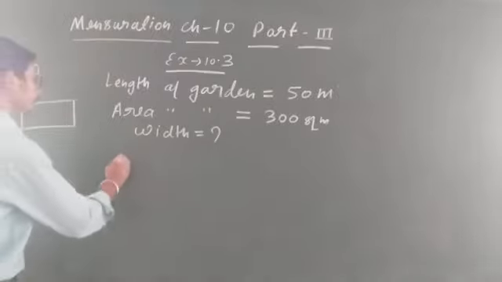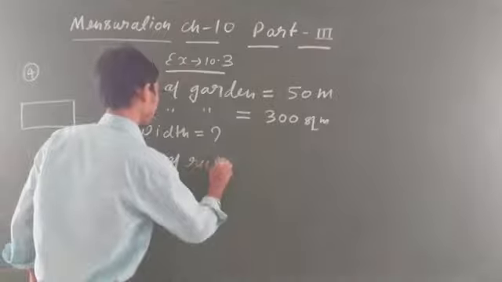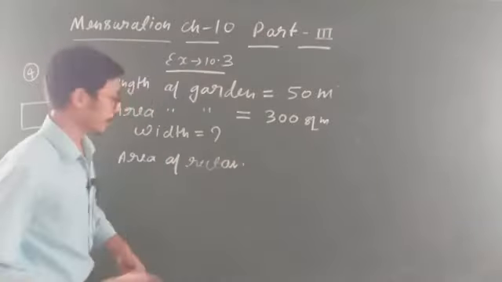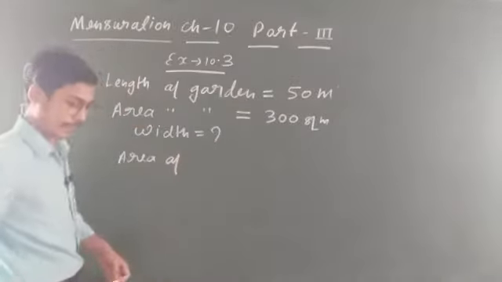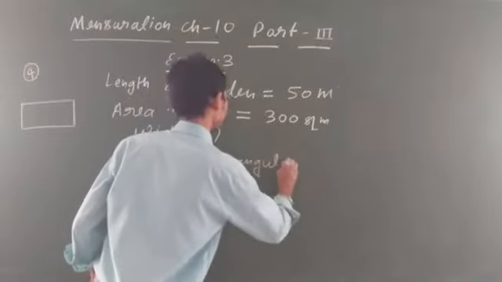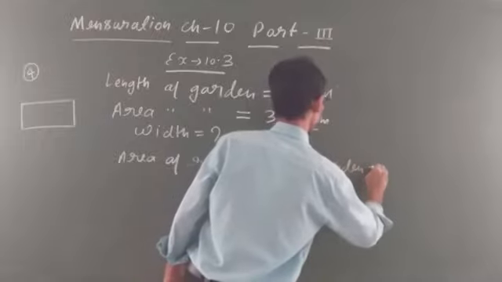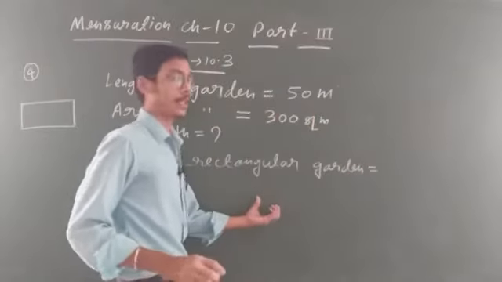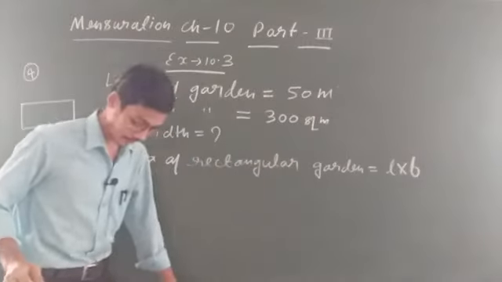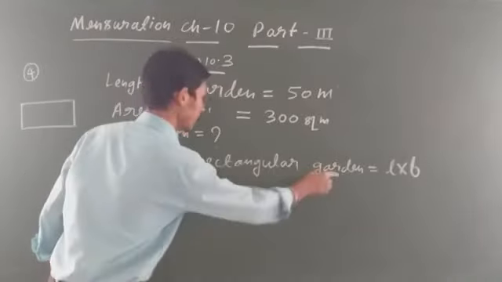You will write area of rectangular garden equal to what? अब area of rectangular garden equal to L into B, student. L into B, this you know very well. Now equal to, अब you know that length is given what?